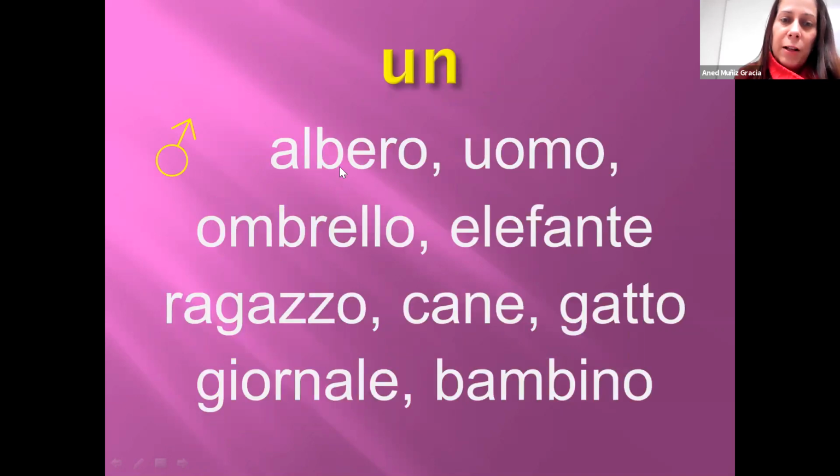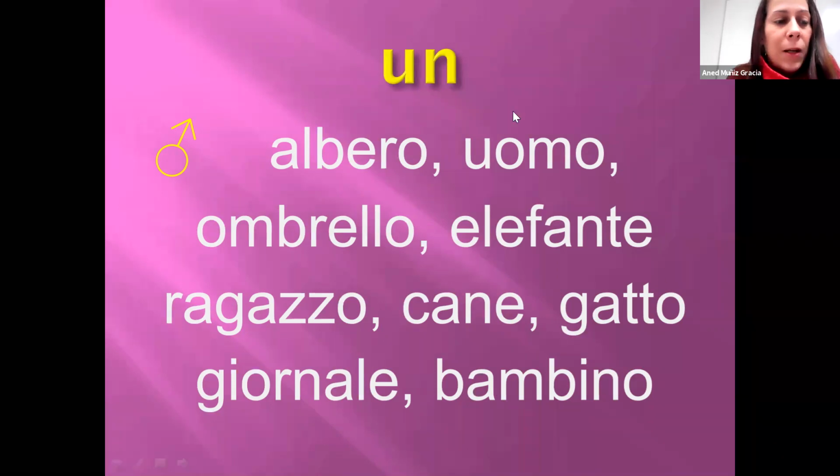And then for everything else, be it words that begin with vowels, like albero, uomo, ombrello, elefante, and the vowels in Italian, a, e, i, o, u, right? Or other consonants, not including the ones from the previous slide. So ragazzo, cane, gatto, giornale, bambino, it's going to be un, right?